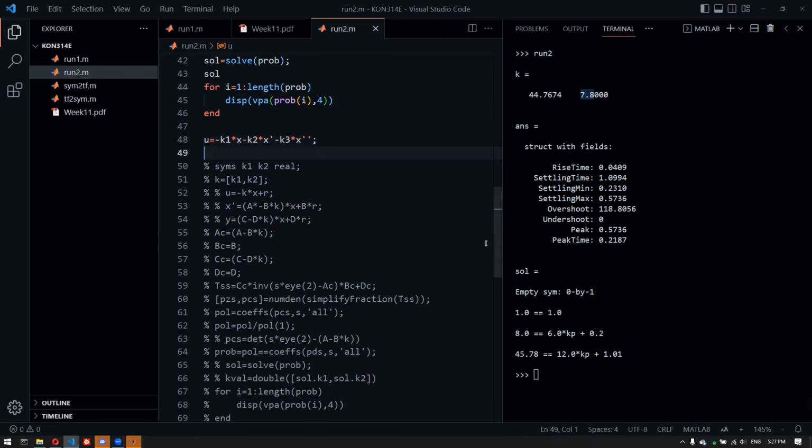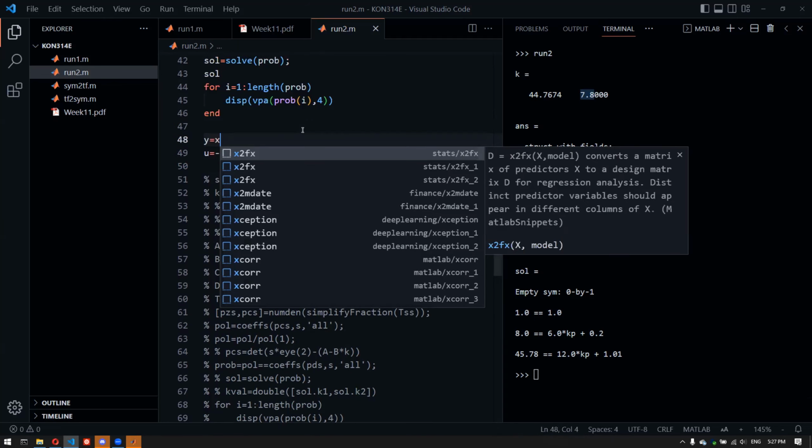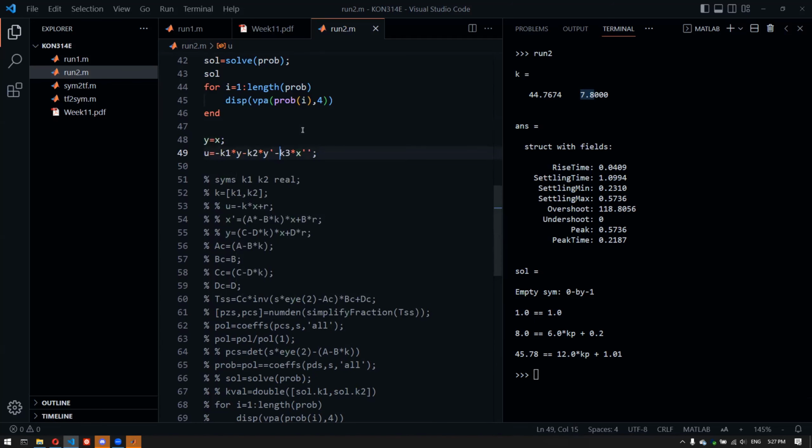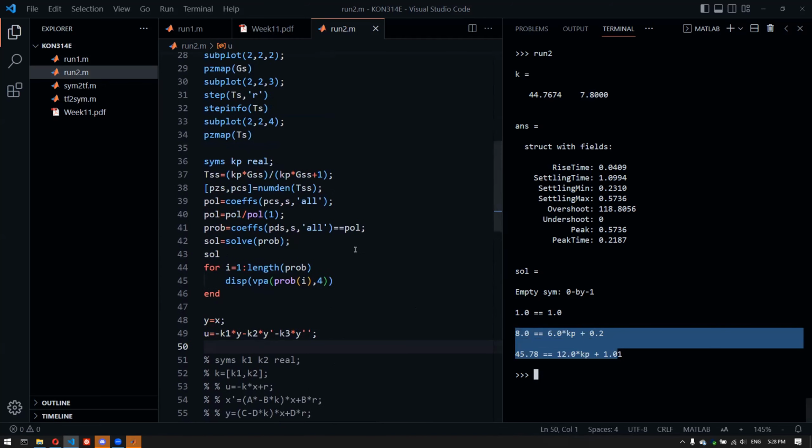So it doesn't really go through that pattern, but if you think about it, it is using all the states, and if y is equal to x, then you can see it's the output, the derivative of the output, and the second derivative of the output. But the important part here is that for the state feedback controller, you will always have an equal amount of unknowns and equations. So you will always have a unique solution if the system is controllable.